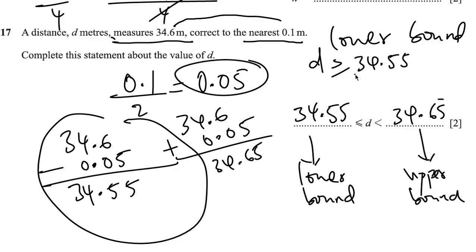So for this to be 34.55, if we round this up to the nearest 0.1 cm, that's the nearest decimal place, first decimal place, since the number before 5 is up to 5, we could round this up to 34.6. So even though we have 34.56, it's still going to round it up to 6.